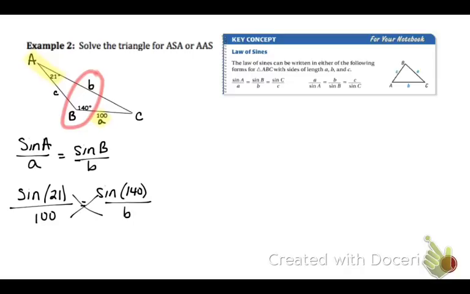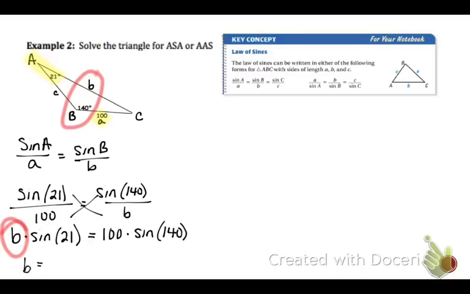Cross multiply. And we need to get b alone, so we're going to divide both sides by sine of 21. Now you can type that into your calculator.